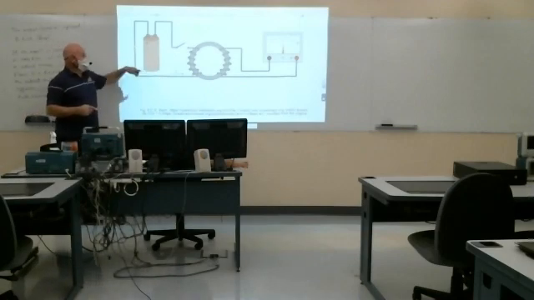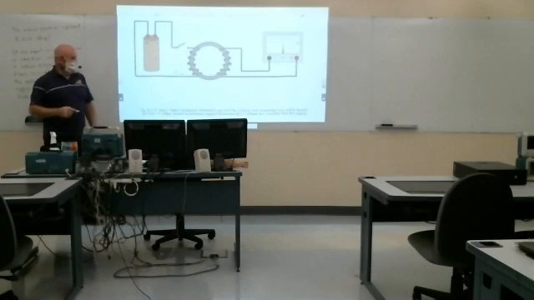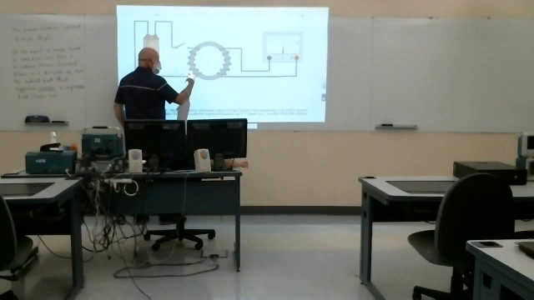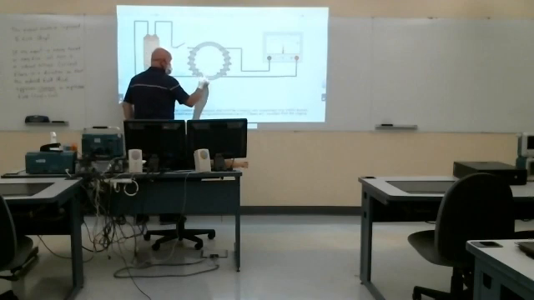Notice the plus terminal, so this is our standard current direction. Because of the way the primary coil is wound, according to the right-hand rule, this would be the direction of the impressed B field.